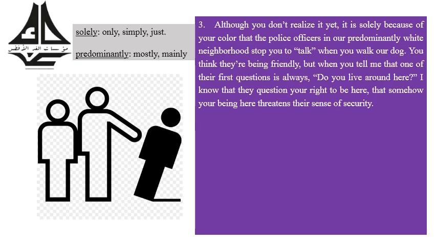However, the mom knows and is trying to tell her daughter that it is because of her color that the police officers actually stop her and ask her these questions. And such questions just show one thing, that she is not supposed to be there and that she doesn't belong there.